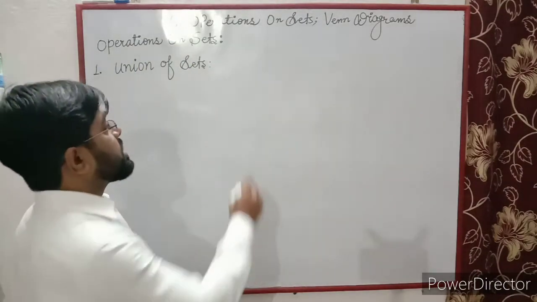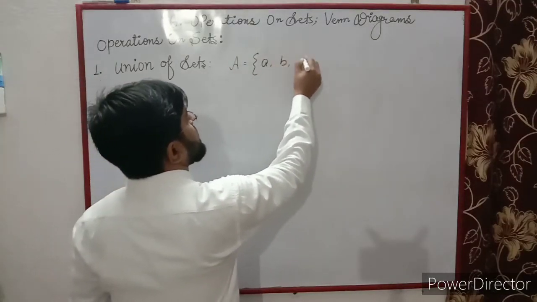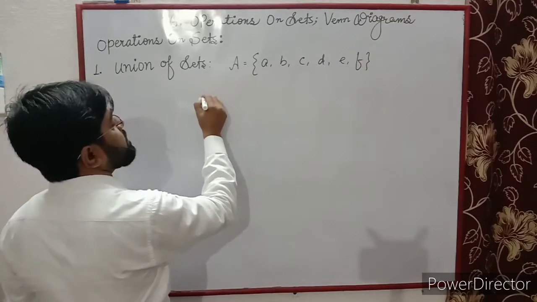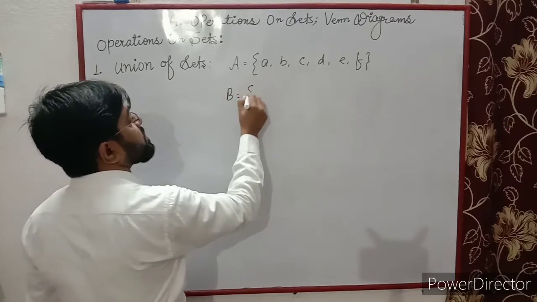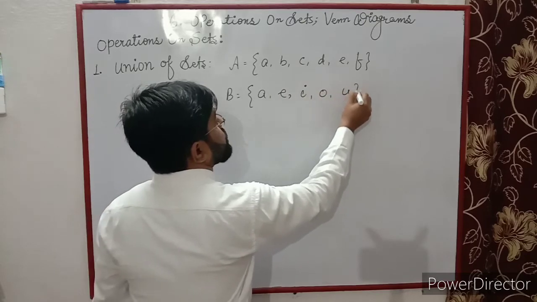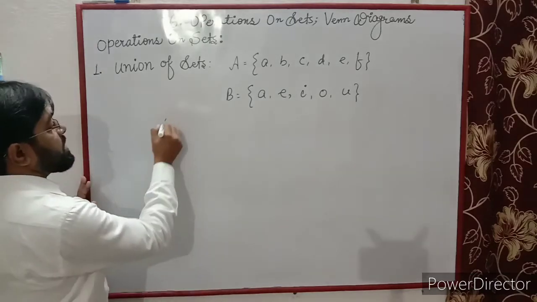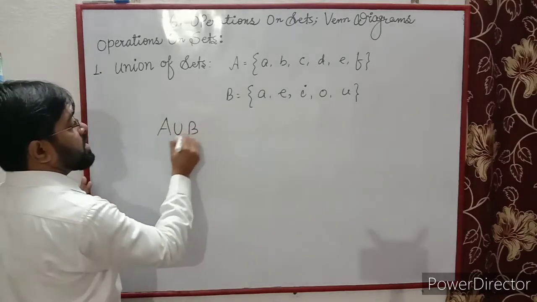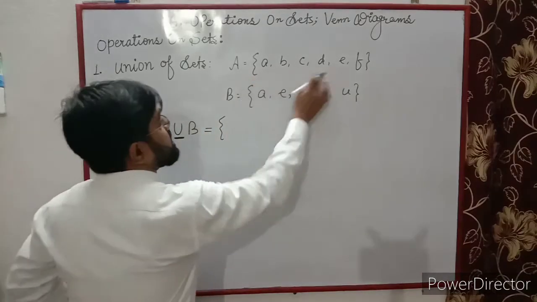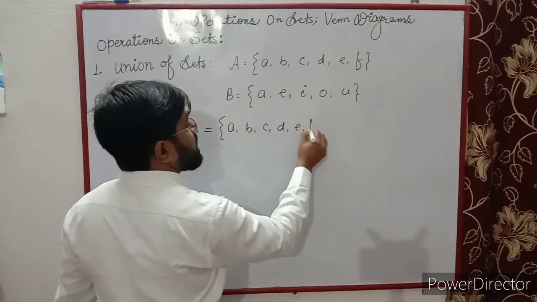Suppose we have two sets, set A having elements a, b, c, d, e, f, and set B having a, e, i, o, u. Now the union of two sets is written as A union B. First write all elements of set A: a, b, c, d, e, f.